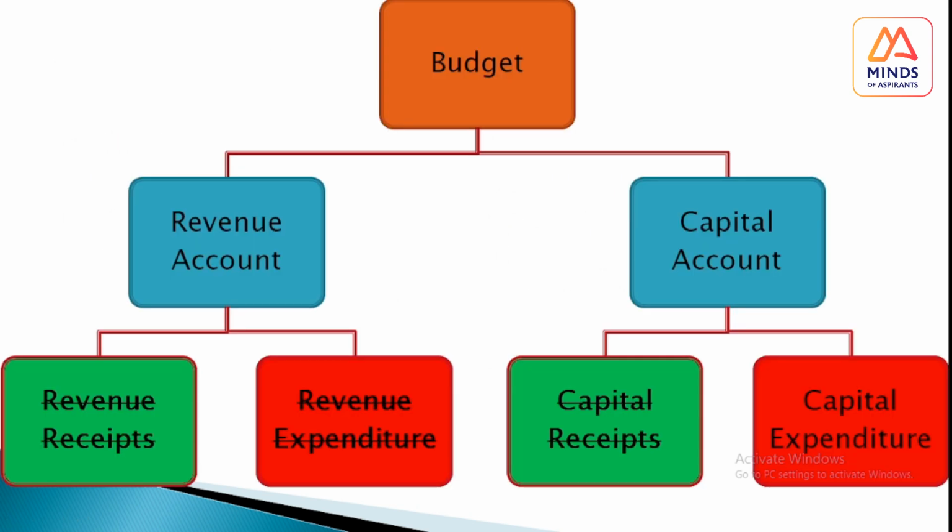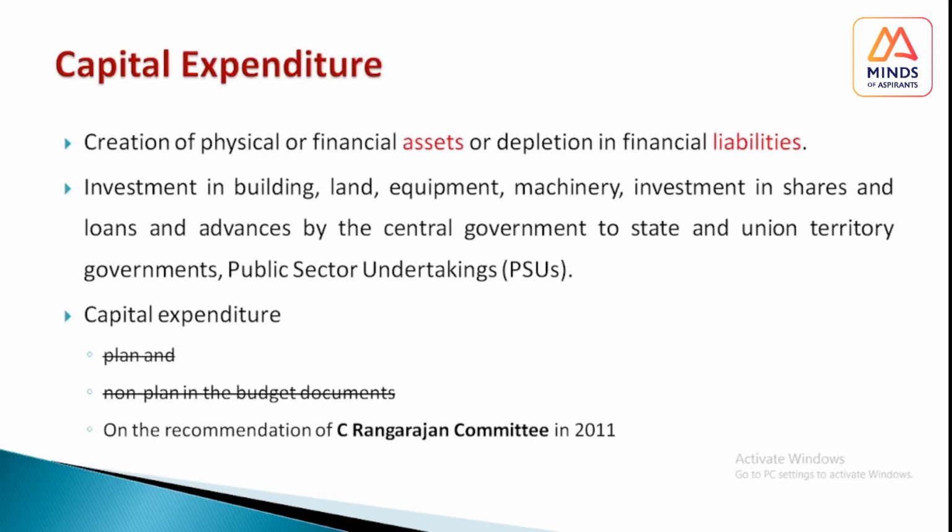Now moving forward, we have capital expenditure. In capital expenditure, it either has to increase or decrease an asset or a liability. For example, investment in buildings, land, equipment, machinery, investment in shares, loans and advances by the central government to the state government.